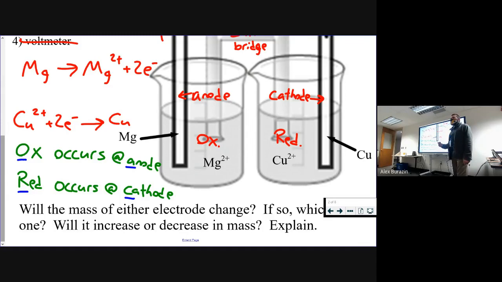Oxidation is what? What occurs in oxidation? More specific? Leaving, yes. Electrons are lost. In reduction, electrons are gained. OIL RIG, right? That's the old mnemonic from last year. Still true, still applies.